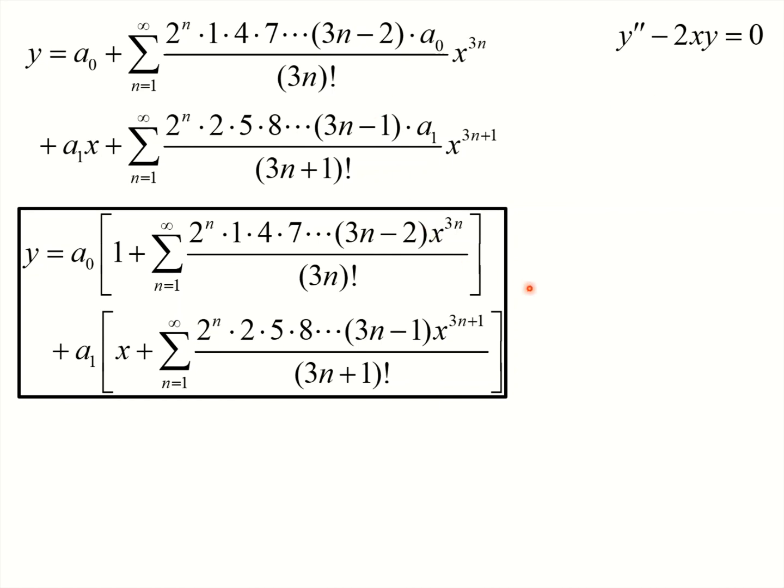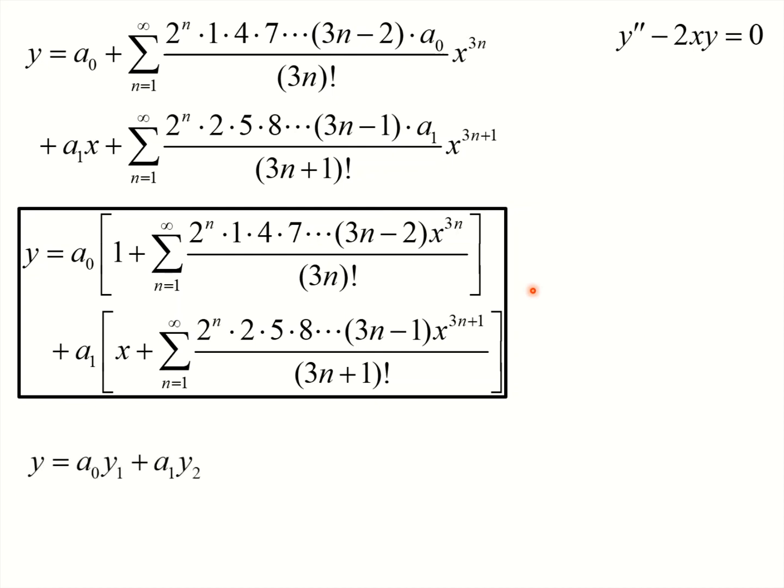Now, think about what just happened. This was second order. It didn't have constant coefficients, but it's still a second order homogeneous differential equation. Now, there's a derivative operator notation that I can use, which is d squared minus 2x. And we have just found the kernel of that linear transformation, d squared minus 2x, if you're interested in the linear algebra aspect behind it.